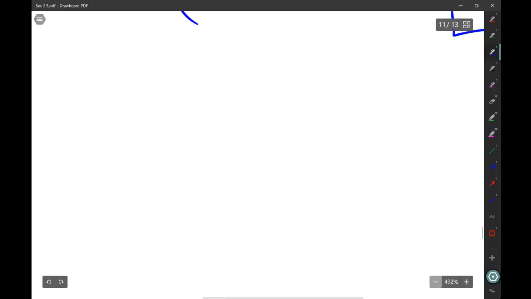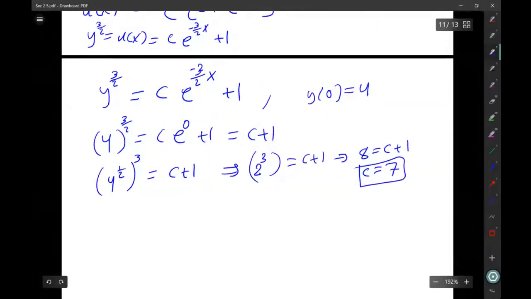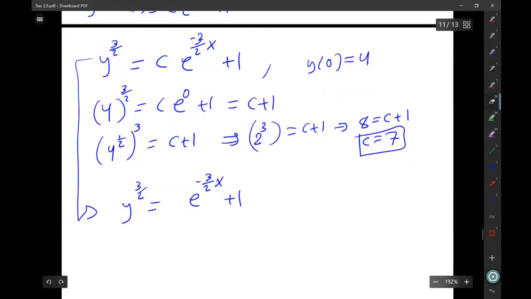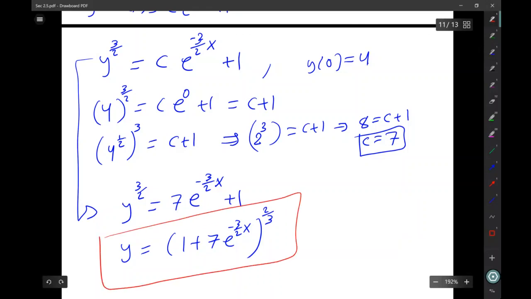Now go back to your solution and substitute c here. y to the power 3 by 2 is equal to c e to the power minus 3 by 2 x plus 1, and c is replaced by 7. To get y, take the power 2 by 3, which is y equals 1 plus 7 e to the power minus 3 by 2 x, all to the power 2 by 3. This is the final solution for that differential equation.